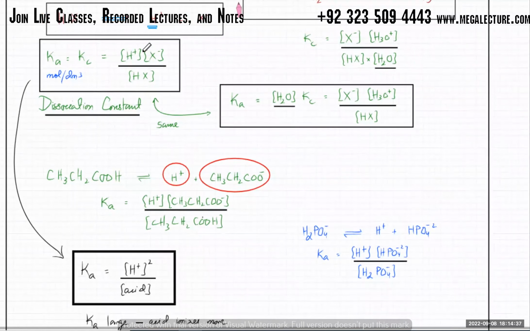So I can rewrite this expression, and instead of writing H+1 into X-1, I can just call it H+1 squared, because both have exactly the same concentration. So why write X-1? Just write H+1 twice, right? So the same expression turns into this expression. Is this part clear?